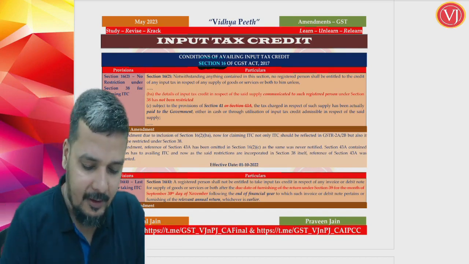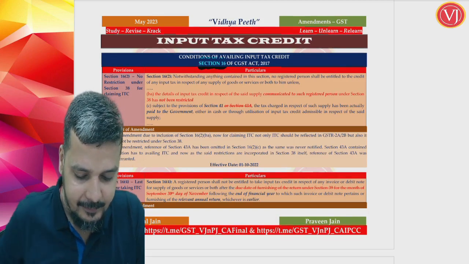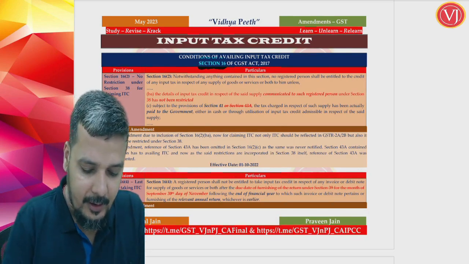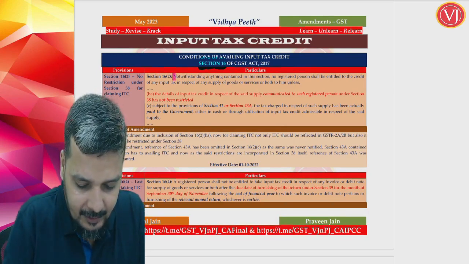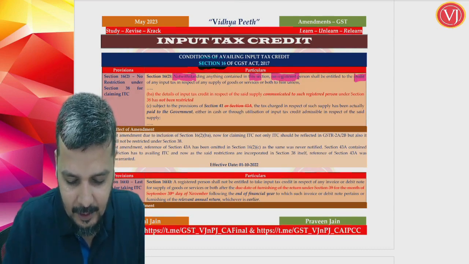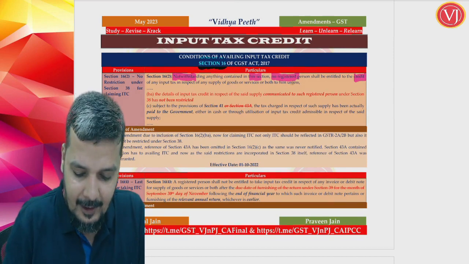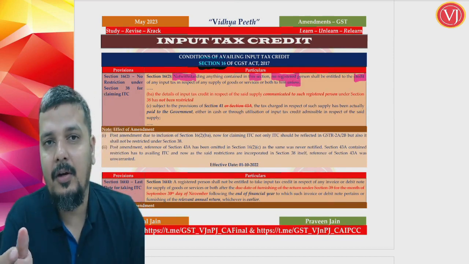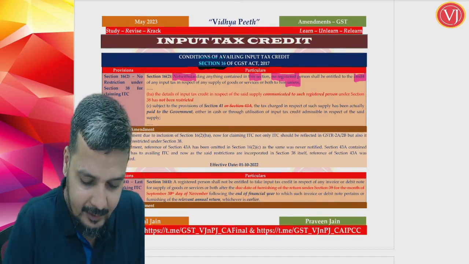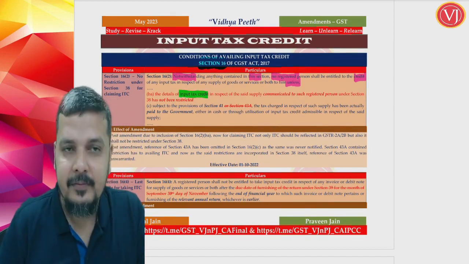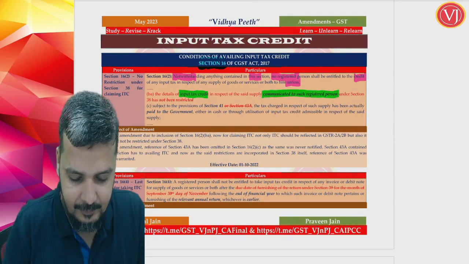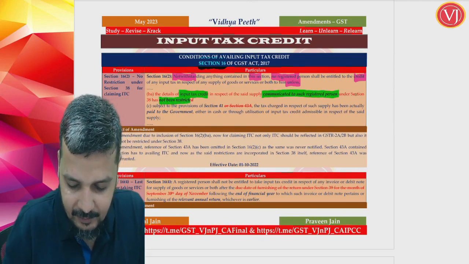Now, what is the new condition that has been added? Let us see that. If you see the basic provision of section 16 subsection 2, it starts with notwithstanding anything contained in this section, no registered person shall be entitled to credit of input tax unless the details of input tax credit in respect of the said supply communicated to such registered person have not been restricted under section 38.